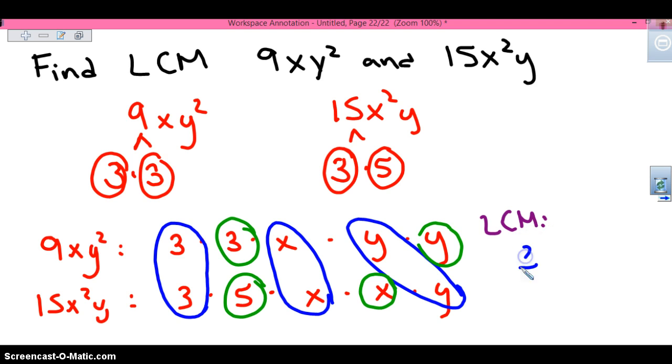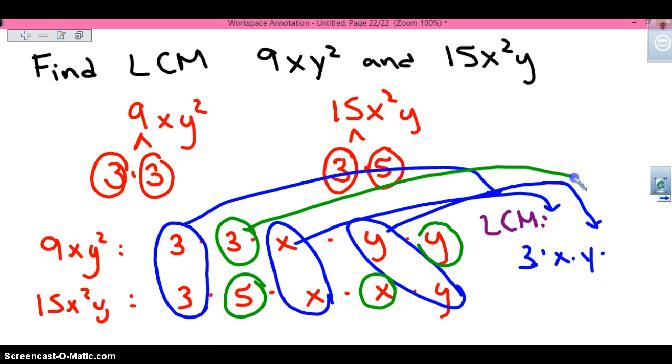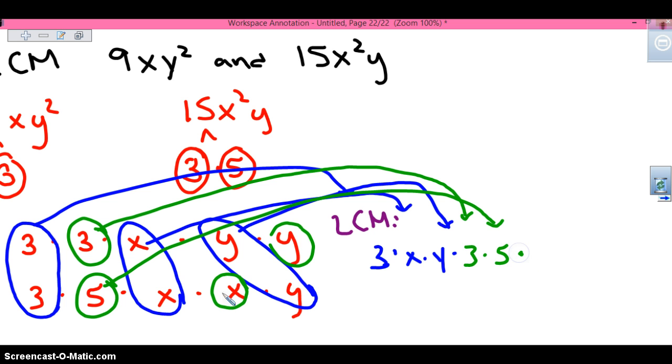So this 3, this x, this y, times everything else, which would be this 3, times this 5, times this x, times this y.